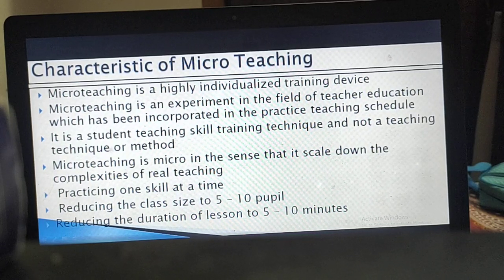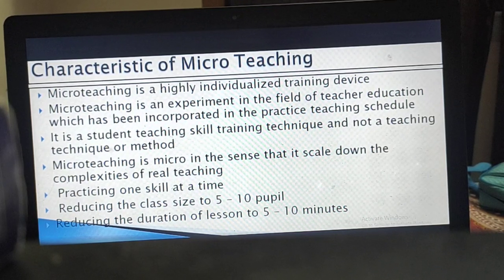Number 3, it is a student teaching skill training technique and not a teaching technique or method. Number 4, microteaching is micro in the sense that it scales down the complexities of real teaching.